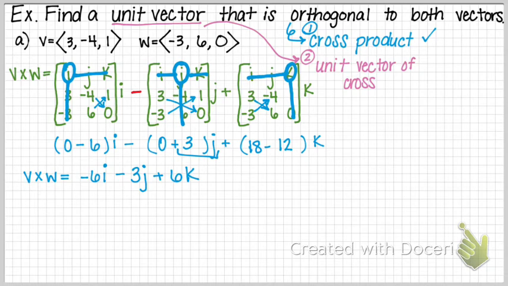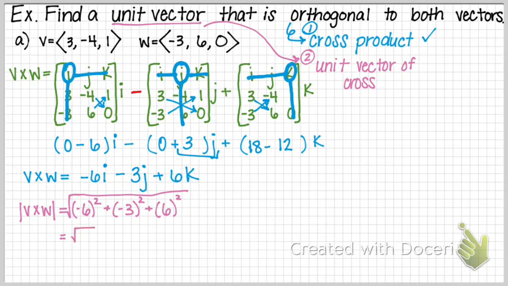So let's look at the magnitude of V cross W. So we'll take that -6 and square it, plus -3 and square it, plus 6 and square it. So we got 36 plus 9 plus 36. That'll be the square root of 81.